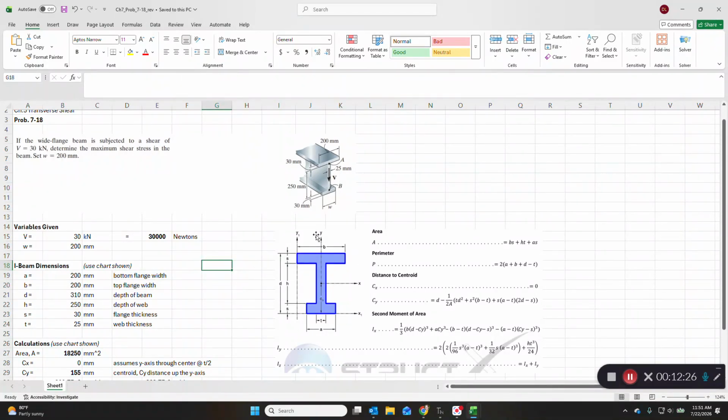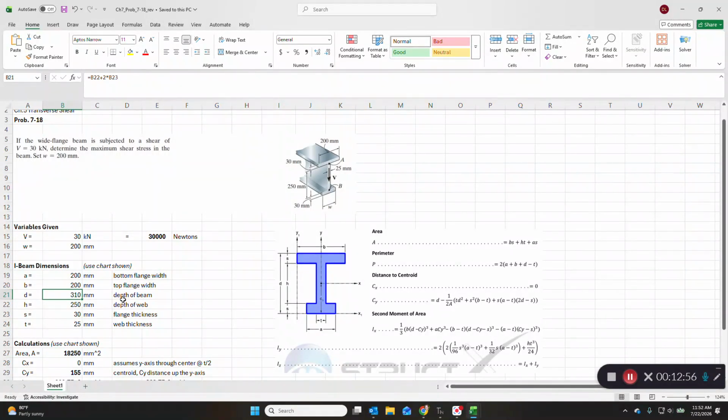So I'm using this blue guide here. The dimension A is the bottom flange width. Okay, I said web earlier, I meant flange. That's 200 millimeters. Then the top flange width is the same because it says set W equals 200, right? If they were different, then you could put in the different values. The depth of the beam D, right, that is going to be 30 plus 250 plus 30, which is 310.